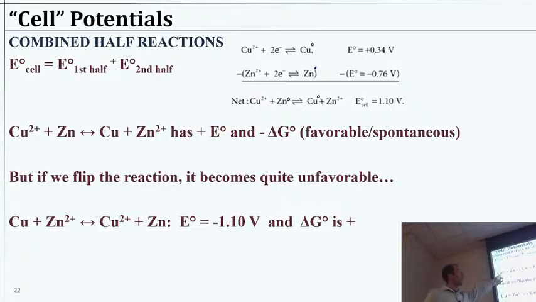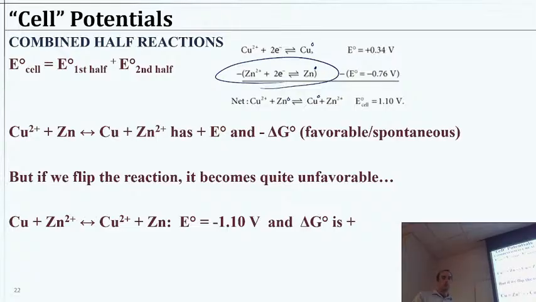So if we have copper 2+ plus zinc, yielding zero-valent copper and zinc 2+, we add these two equations together to get that. So this on the left, and we are going to just flip this guy around and add them together. And again, we come back to what I was saying earlier, something acts upon something else.